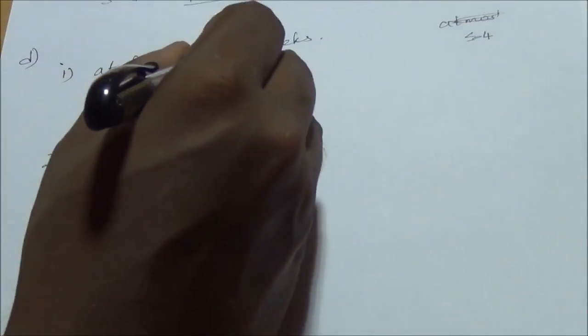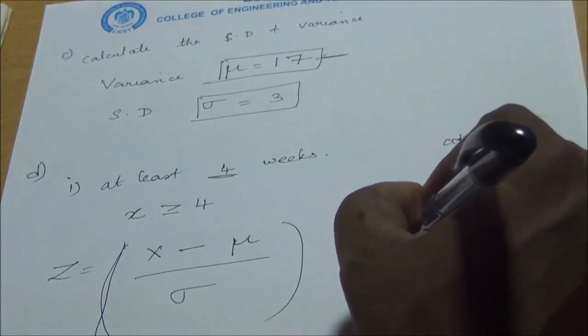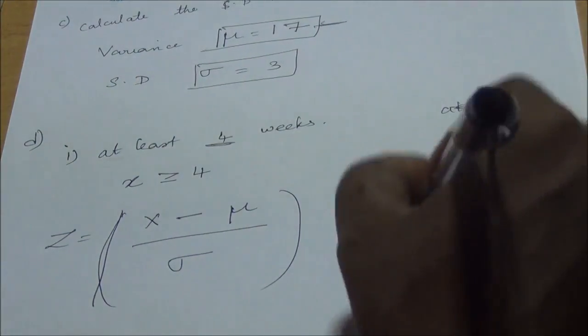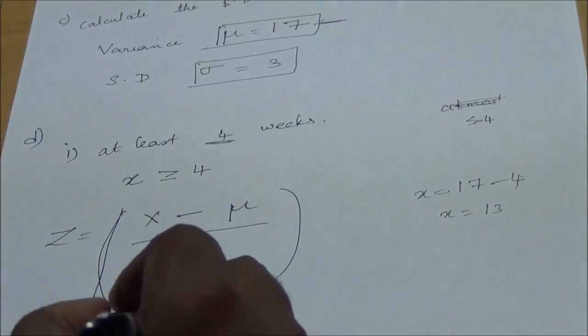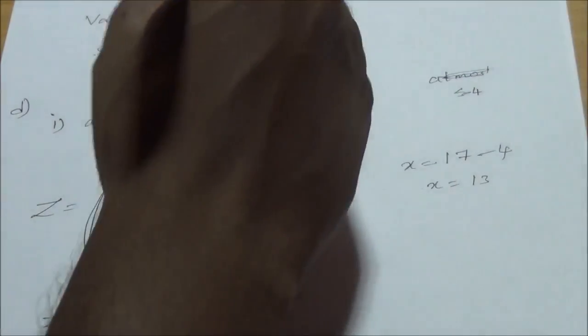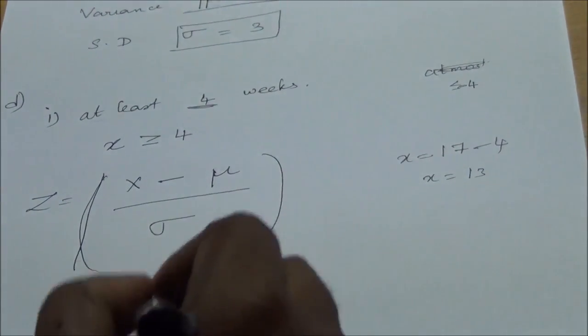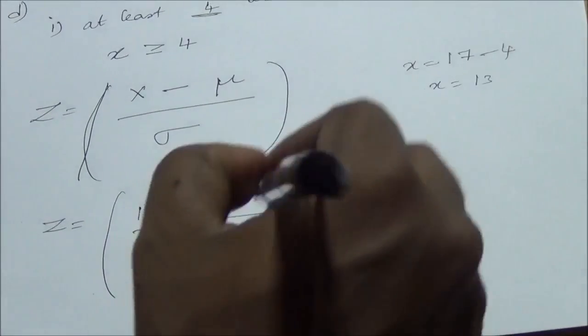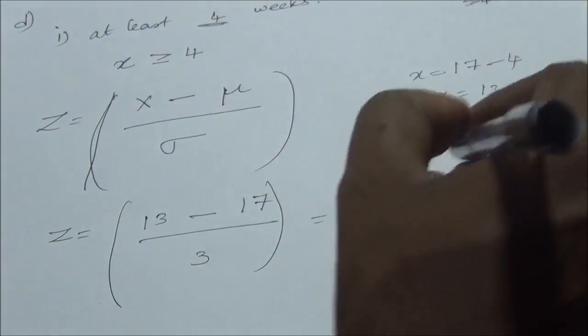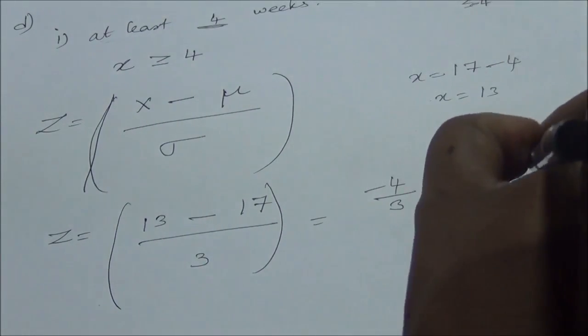If you have a problem like at least 4 weeks, the total time is 17, so the given x can be written as 17 the total minus 4. So x is equal to 13. You apply this in the formula: 13 minus mu value 17 by sigma value 3. So that is equal to minus 4 by 3, that is minus 1.33.